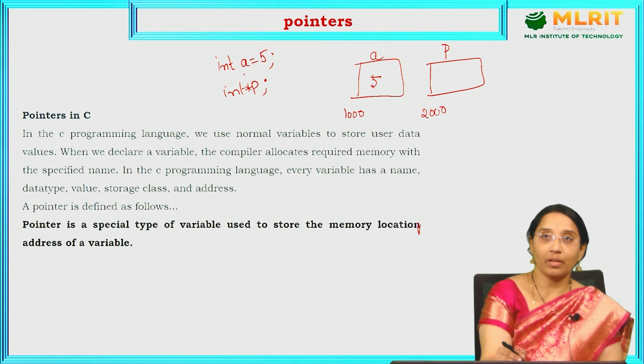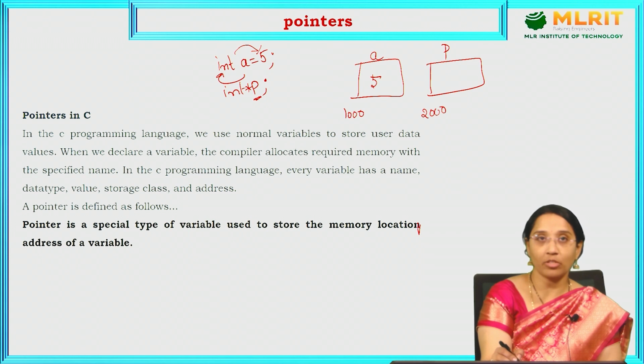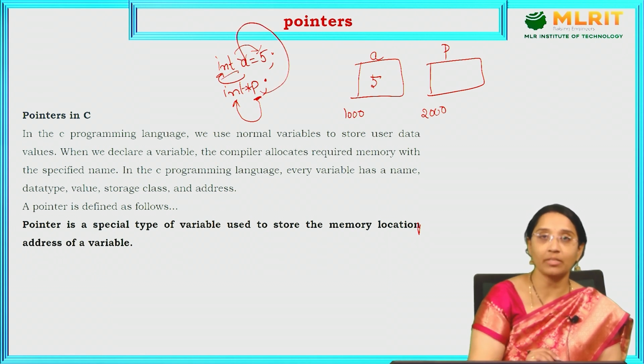A is a variable which is of type integer and that is assigned the value 5. P is a pointer variable which holds the address of A whose type is integer.